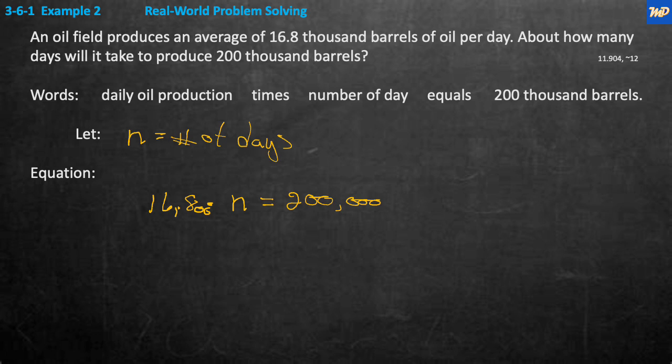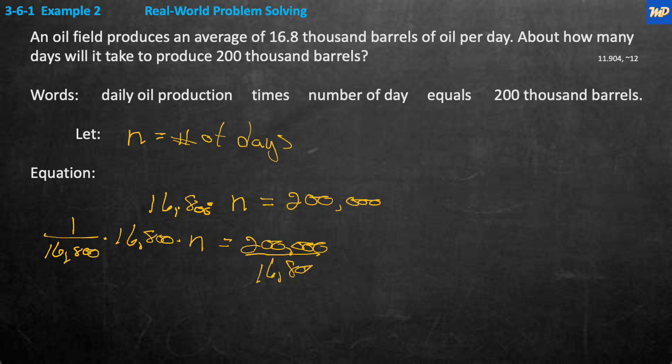The coefficient of n is 16,800. We divide both sides by the coefficient of n, which is the same as multiplying by its reciprocal, 1 over 16,800.